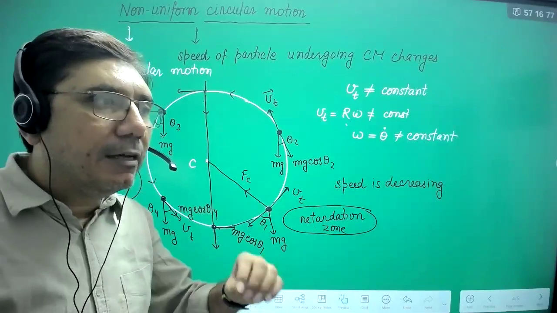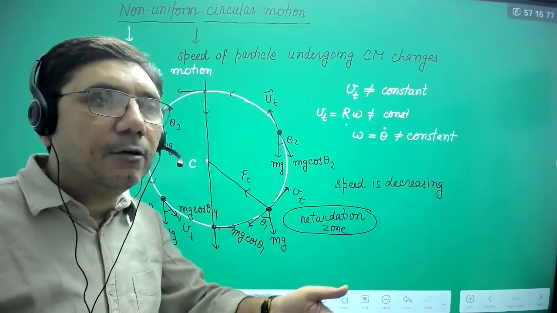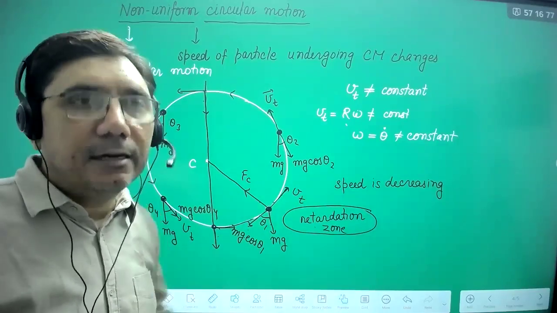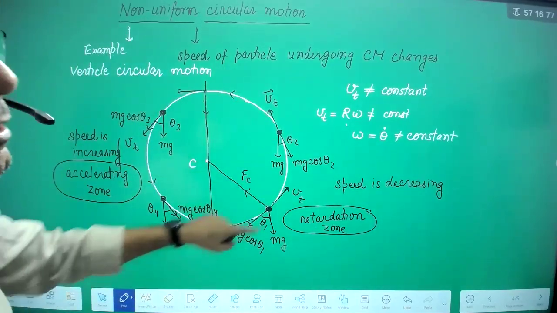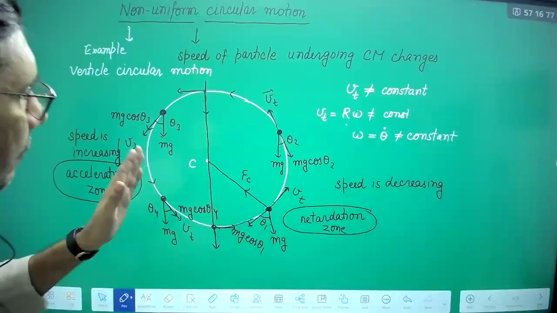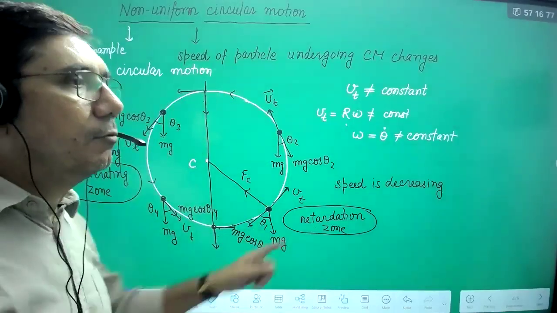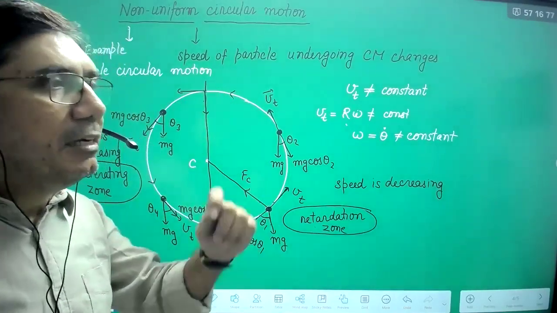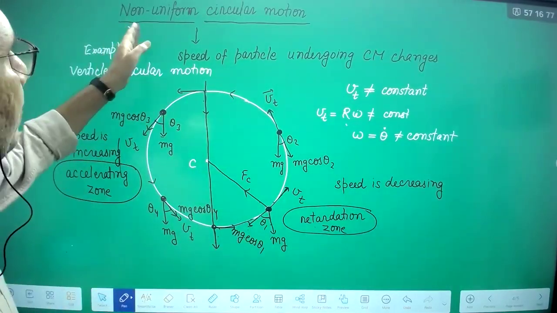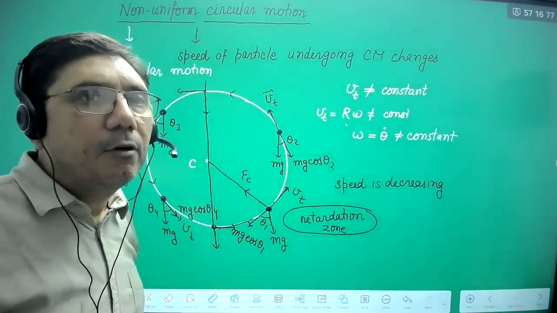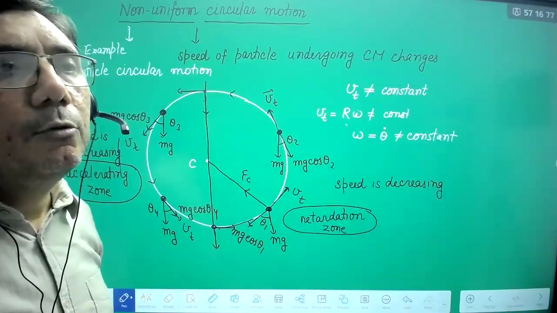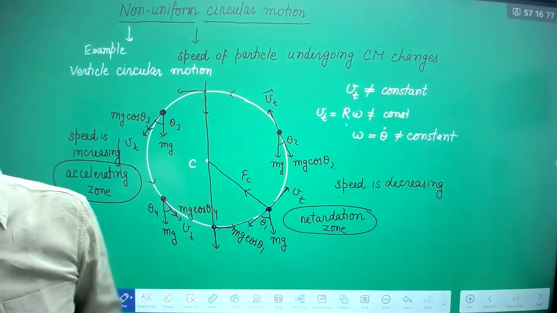So the particle will undergo either acceleration or retardation. That's why the speed of the particle is continuously changing if the particle is undergoing vertical circular motion. And because speed is changing, we call that type of circular motion non-uniform circular motion.